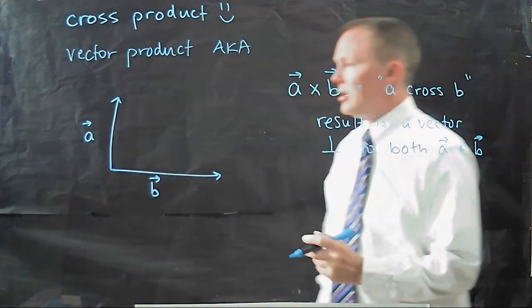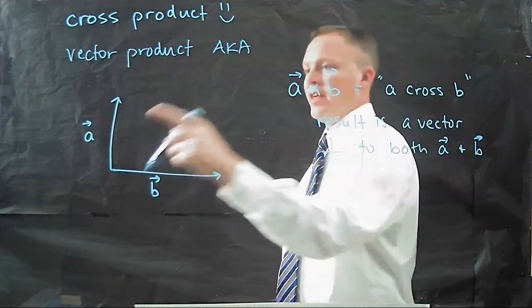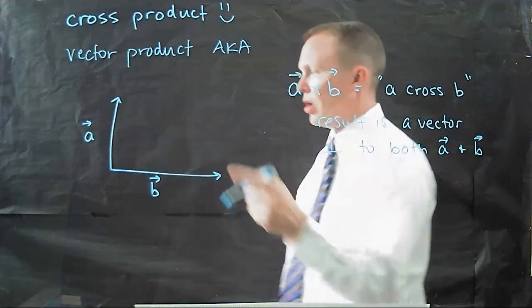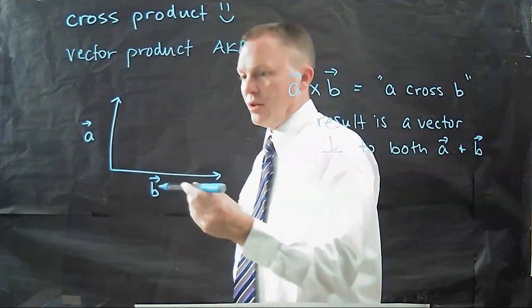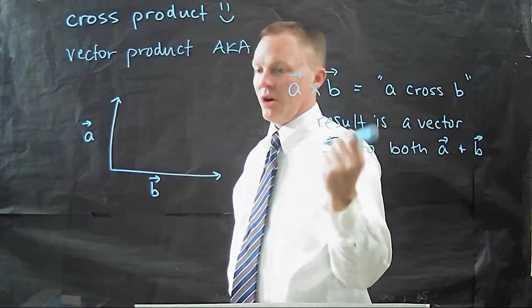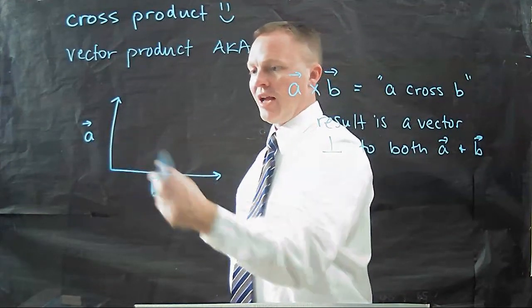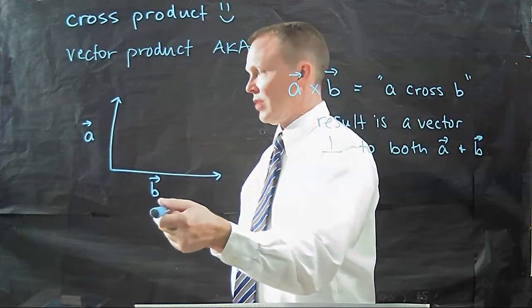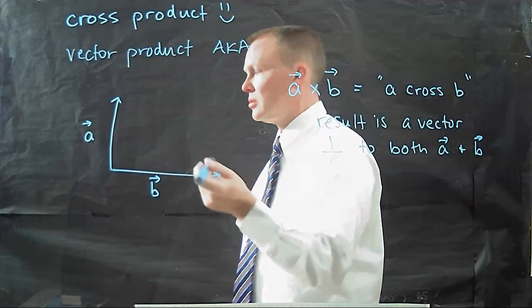Okay? So, if you're looking at what I've just drawn, there are two vectors that A cross B could be in our minds right now. A vector that's perpendicular to this vector A and a vector that's perpendicular to this vector B. Which direction would those point? This way.